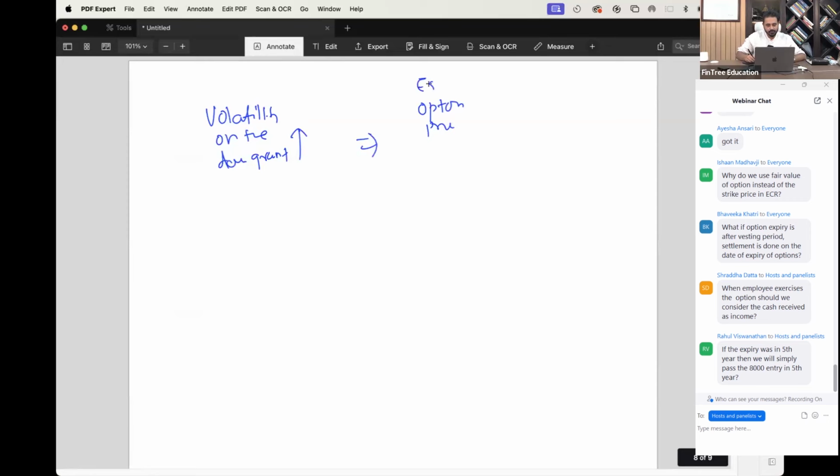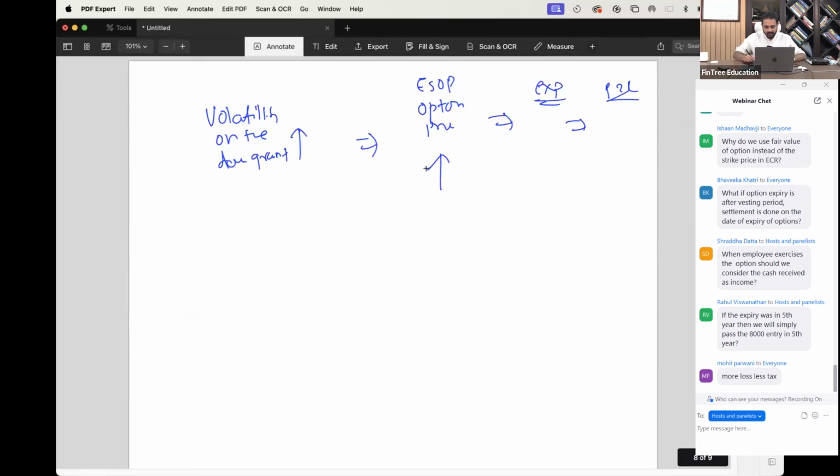That means ESOPs, and therefore what will happen to your expenses, and therefore to your P&L? If volatility is higher, option prices are higher. If option prices are higher, then expenses are higher. If expenses are higher, then my profit is lower.